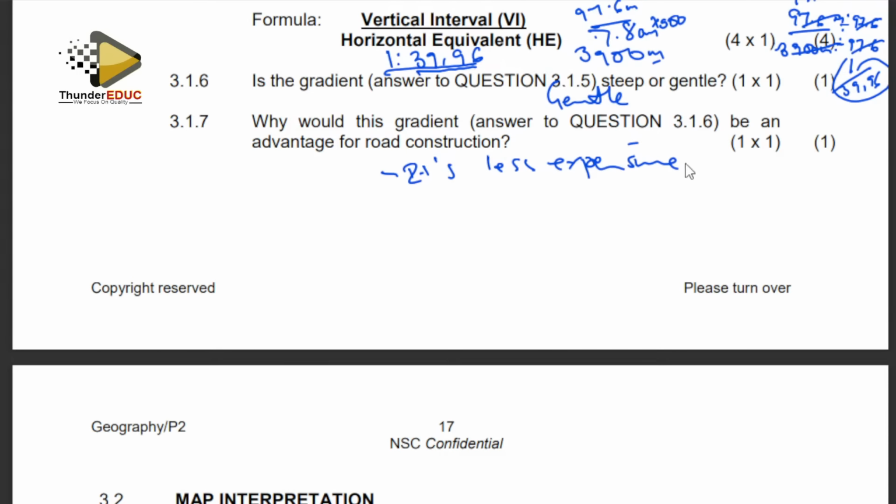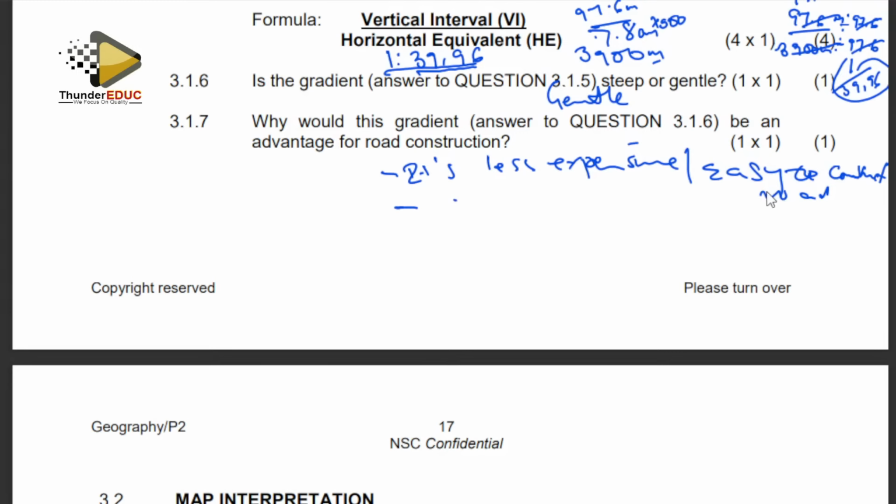Or you can say it is easy to construct a road on a gentle gradient, but it is very difficult to construct it on a steeper gradient. So it is easy to construct it, okay? It is cheap also, it's less expensive to construct a road.